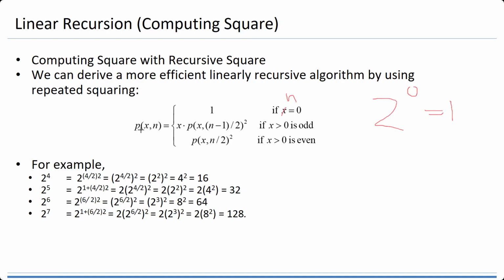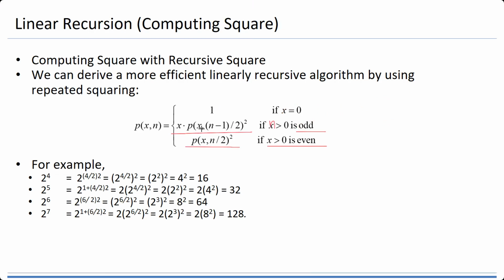And then if n is higher than 0 and odd. Odd means 1, 3, 5, 7, and so on. So if n is odd, we use this formula. If n is higher than 0 and even, then we use this other formula.